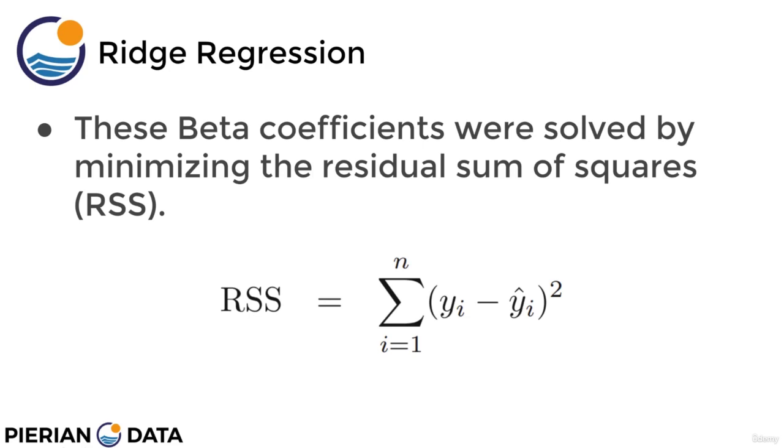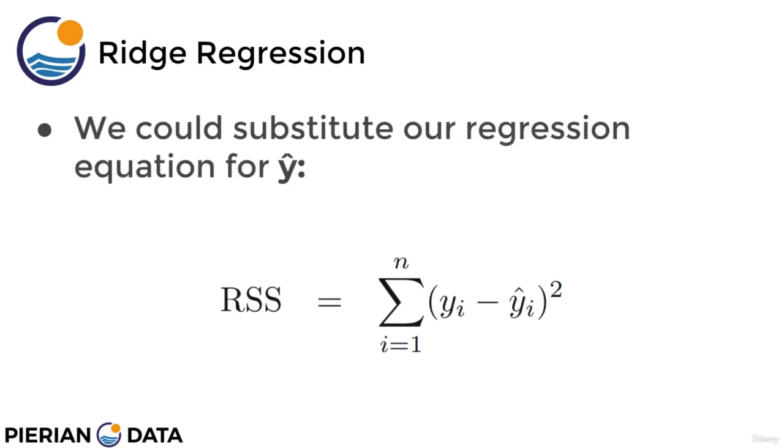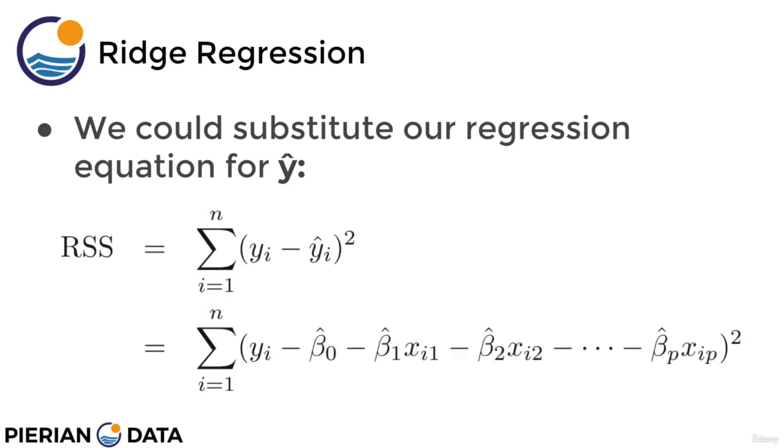So we can call this term RSS, residual sum of squares, where you have the residual on the inside, and then you're just squaring it and taking the sum. What we could do is, since I know my y hat regression line formula, I could just substitute that into this particular notation. So notice here, all I'm doing is I'm taking y hat from RSS and then substituting in my entire beta coefficient expression, just to get it in terms of my coefficients and my features.